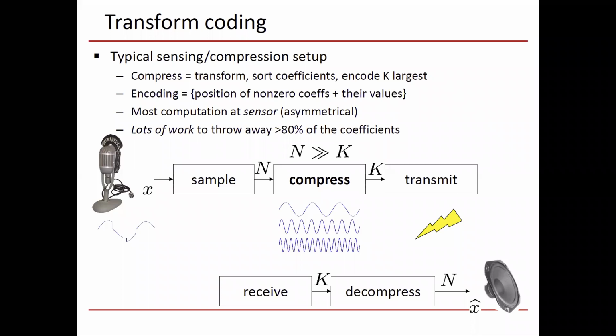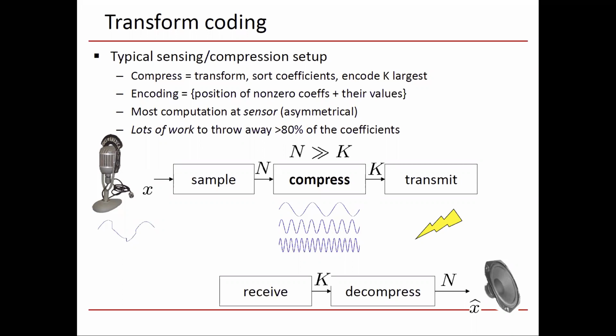All it does is form a linear combination from these K coefficients. And not only is it asymmetric, meaning more work at the encoder, in many signal processing systems the encoder is battery operated, whereas the decoder is often sitting perhaps next to a television or a desktop, something like that. So you have much more computational and power and energy.